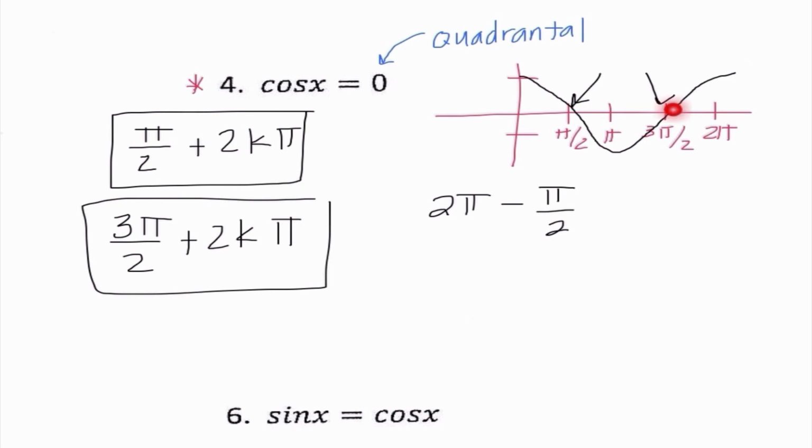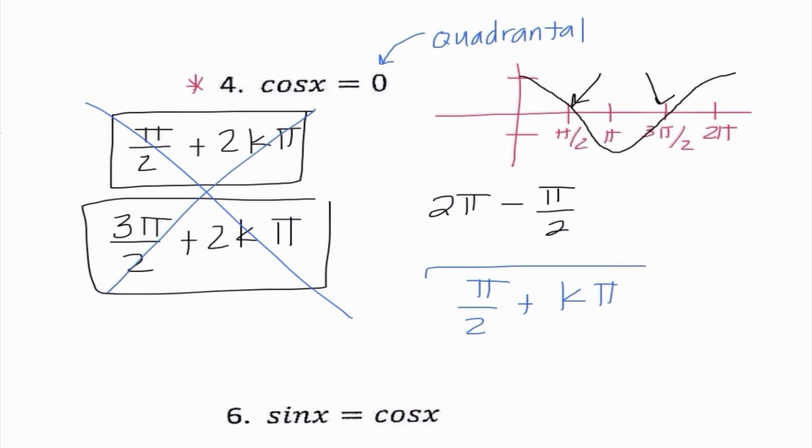Or I could look on the graph and I see that. Now, there's something very significant about these two answers, and in fact, if you put this, technically you're not correct, because there is a better way that we can write this. What I'm noticing about our two answers here is that these are actually just pi away from one another. So what that means is that I can condense my answer to say pi over 2 plus every pi.